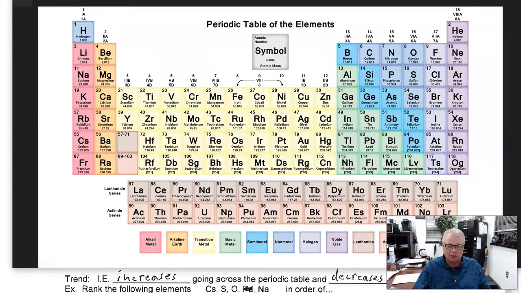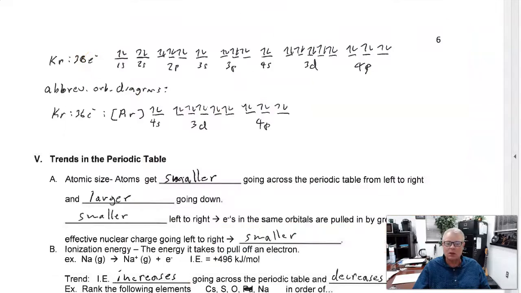Remember? And so, argon, here's my 4s2, one orbital in an S. Any S also has one orbital. Here's my 3d10. There's my 5 d orbitals in a D subshell. And then 4p6. And there's my 3 p orbitals in a P subshell.